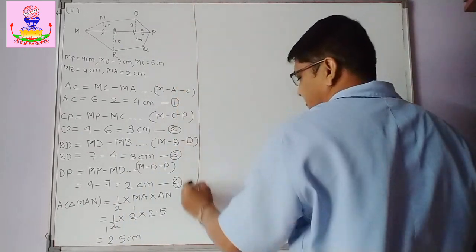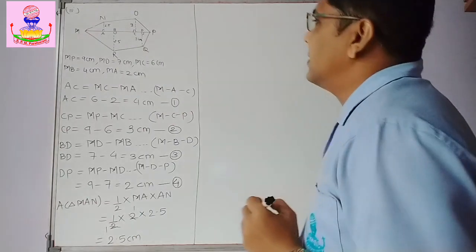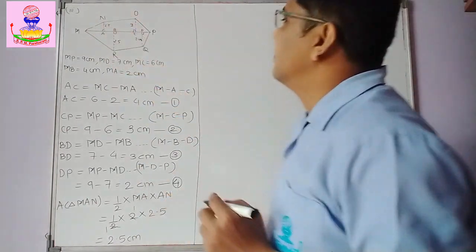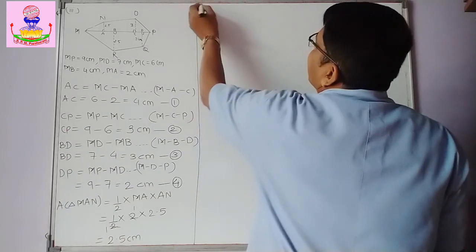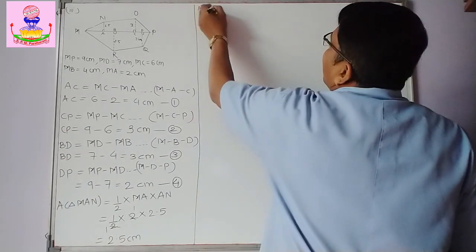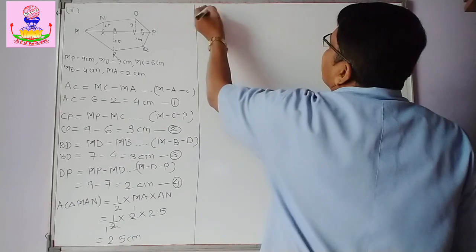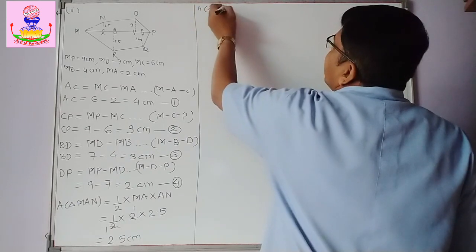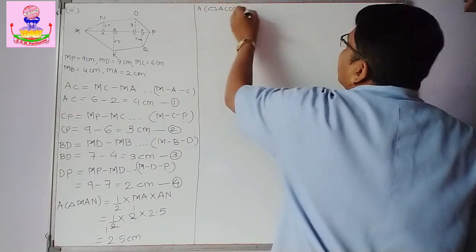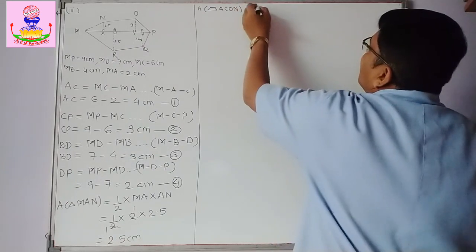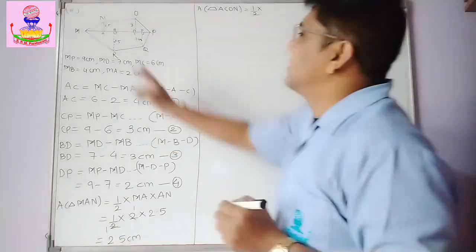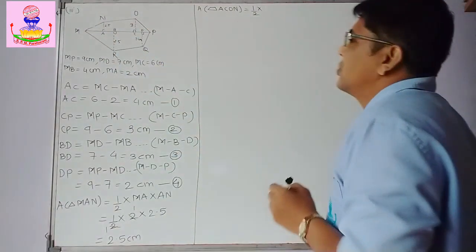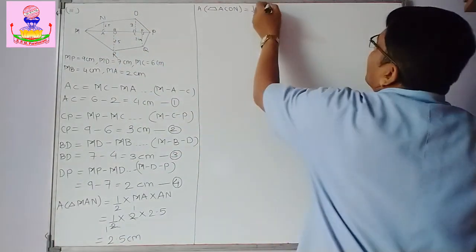Now, after that, area of trapezium ACON. Area of trapezium ACON, that is equal to half into sum of the parallel sides. Which are the parallel sides? AN and CO. Okay.